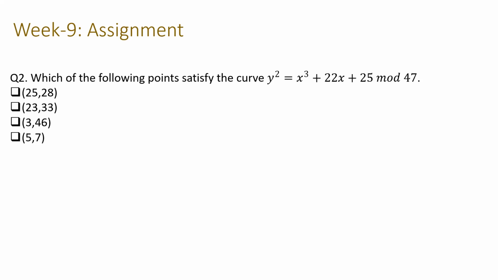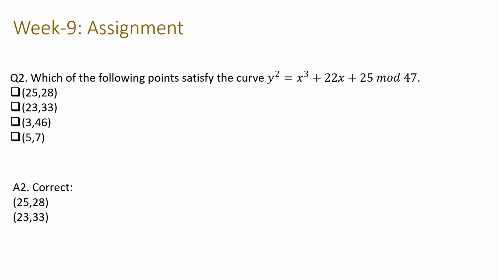Say, for the first option, 25, 28, you replace x with 25 and y with 28 in the given curve and check whether the left hand side and right hand side in modulo 47 give the same result or not. If you check with that method for all the 4 options, you will find that the first and second points lie on the elliptic curve.